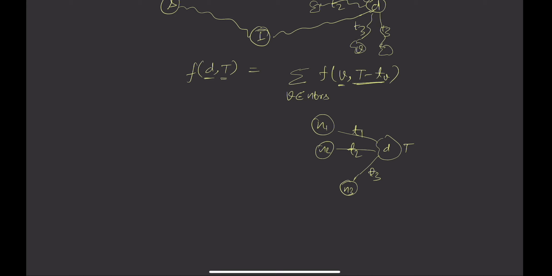So the time to reach n3 will be t minus t3. How many ways are there to reach n3 in t minus t3? Similarly, how many ways are there to reach n2 in t minus t2, and n1 in t minus t1? If I add all of these, that will give me the ways to reach d in time t, right?